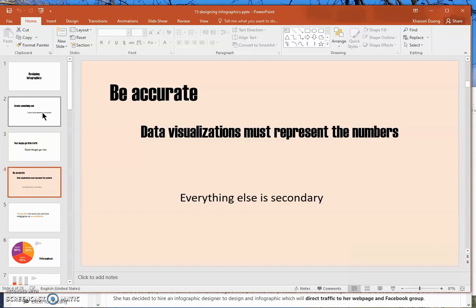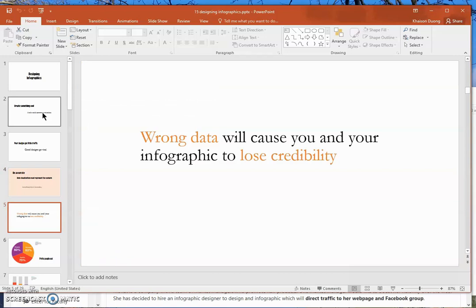And also very, very important, you need to be accurate with your information. Everything else is pretty much considered secondary to your information. All those graphics, images, colors, things like that, end up being secondary because if you have wrong information, you're going to lose credibility very, very fast. Wrong data just makes you look bad.